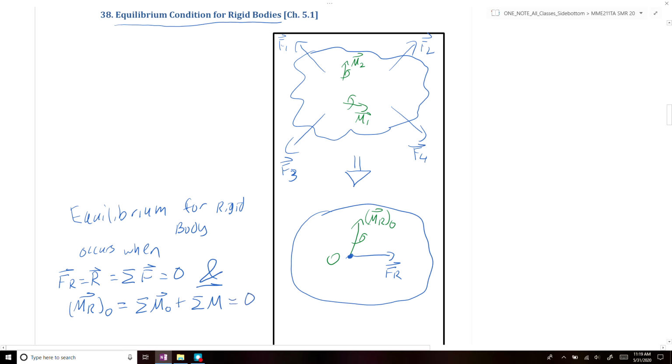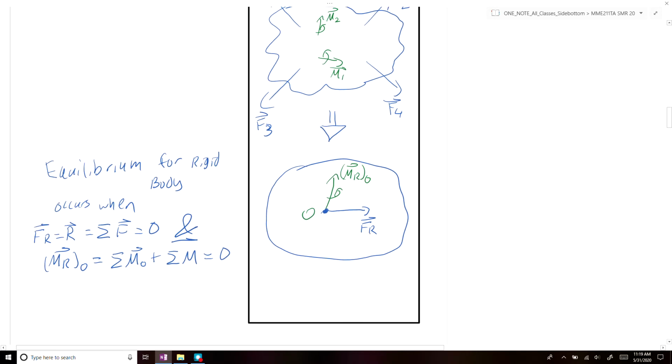Right? So if M_RO and our resultant force are equal to 0, then our body is at equilibrium.